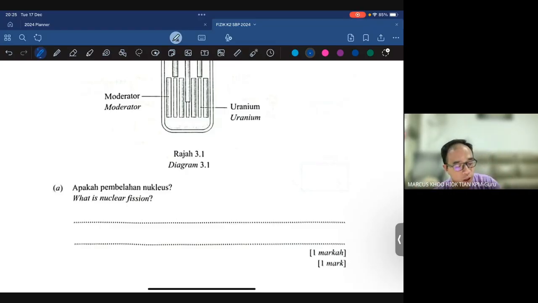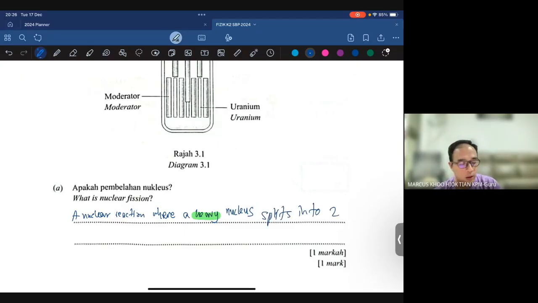So nuclear fission is a nuclear reaction where a heavy nucleus splits into 2 or more lighter nuclei. Don't worry about the plural and the singular for nucleus and nuclei.